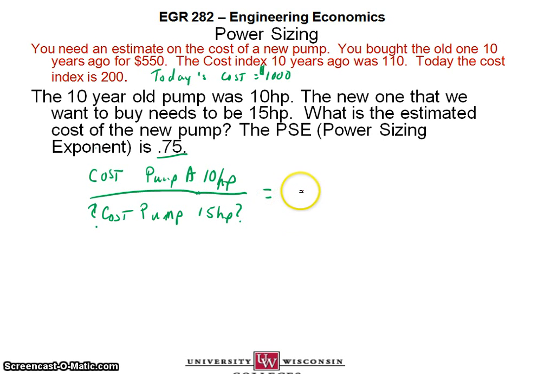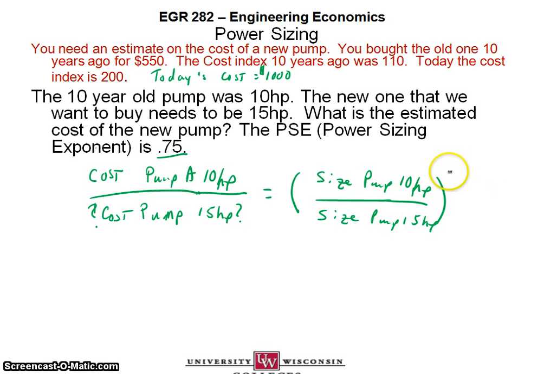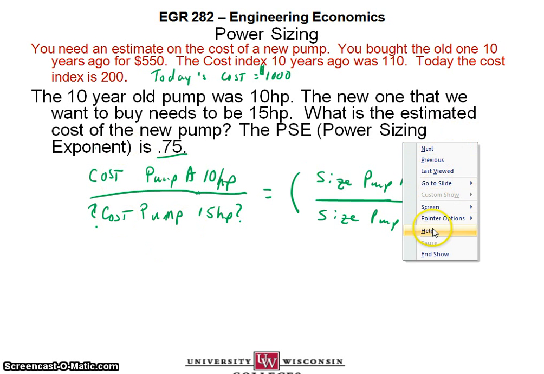And we can set it equal to the size of pump A, 10 horsepower, over the size of pump B, 15 horsepower, and then to our exponent, our power sizing exponent. And it's always important to keep our numerators and denominators the same, so we keep that same relationship.